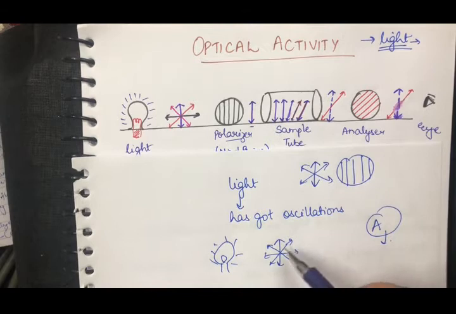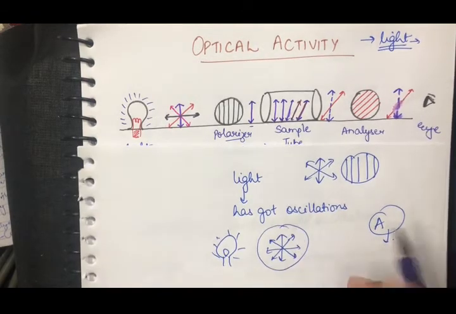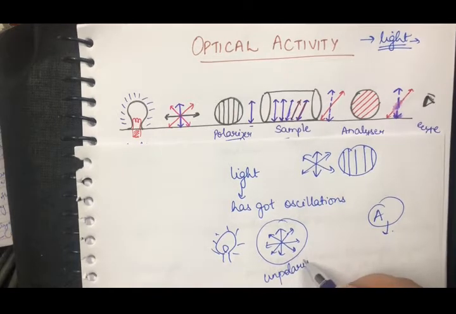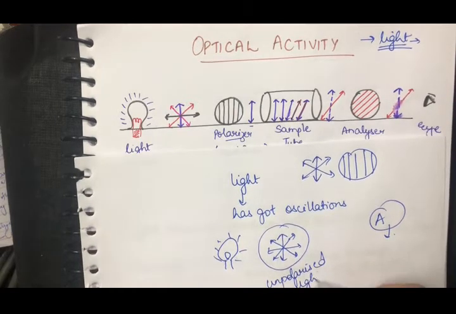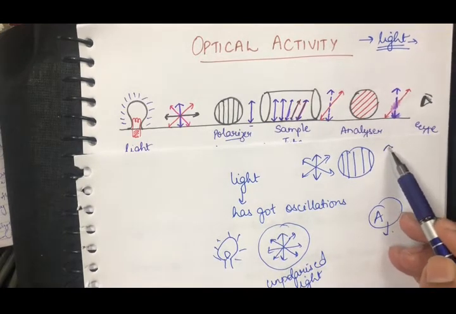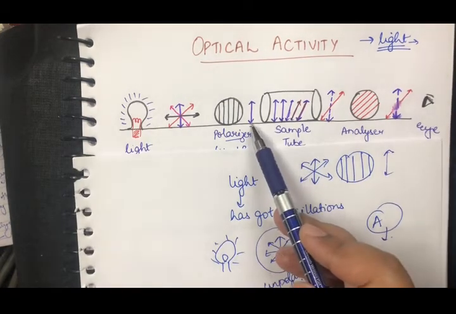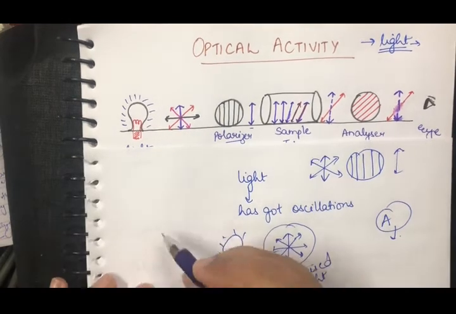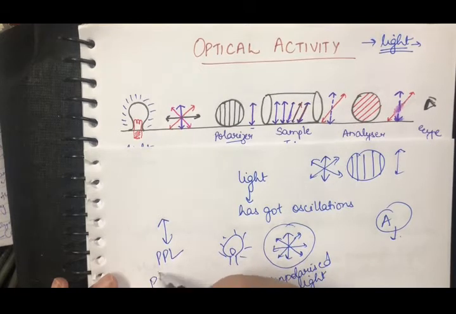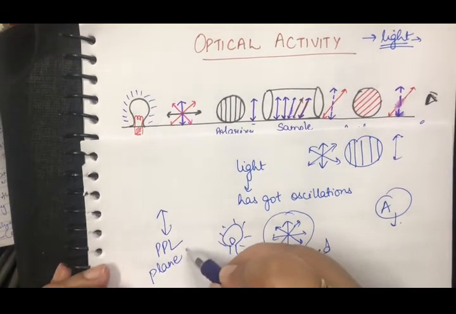So this type of light, which has directions in all the possible planes, is called unpolarized light, right? And a light which has directions only in one direction, like after coming out from the polarizer, is called PPL. We call it plane polarized light.